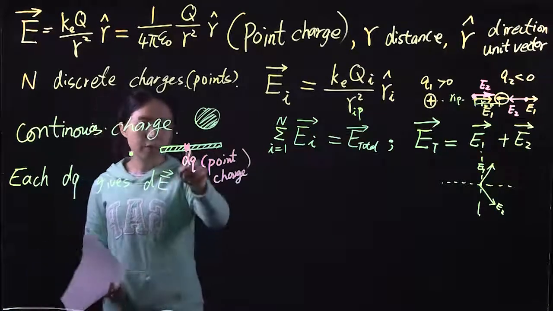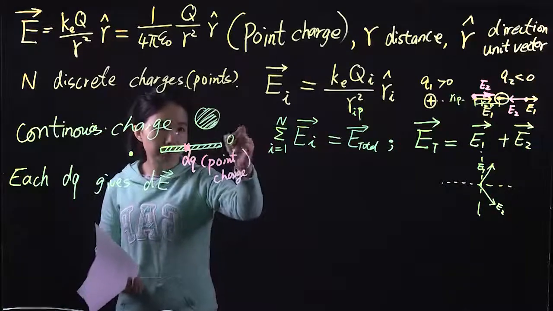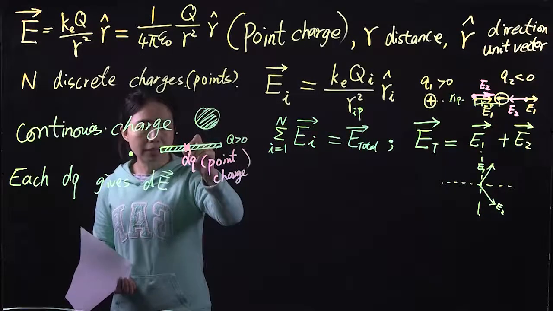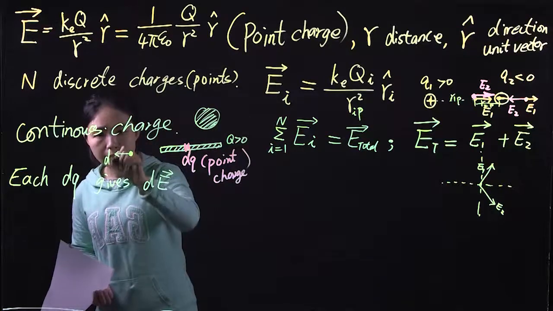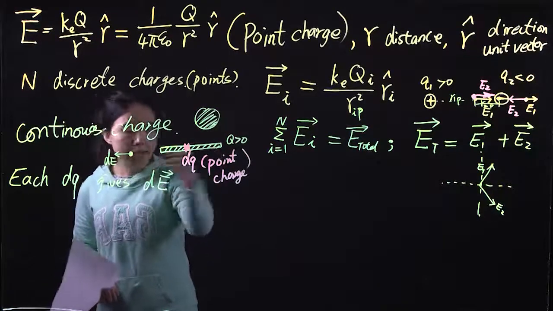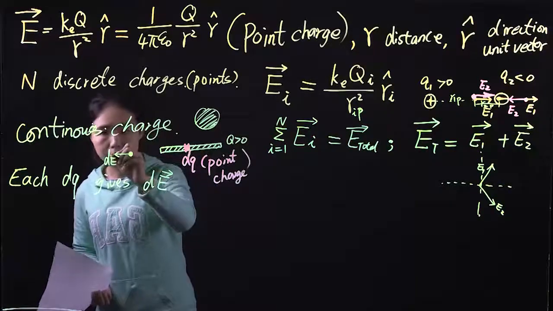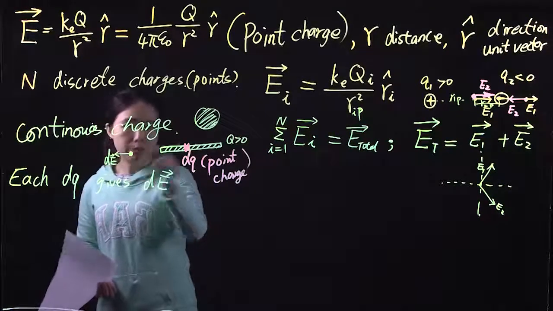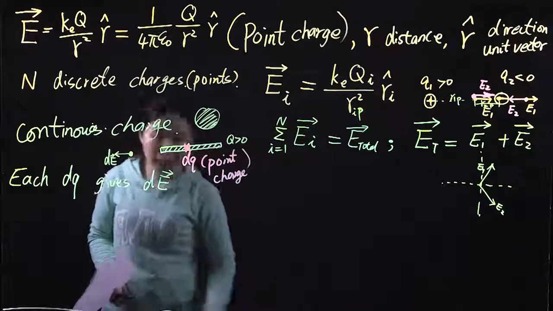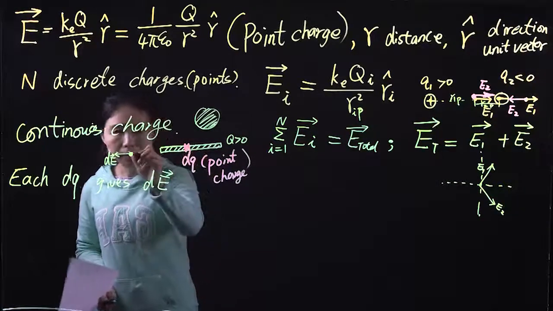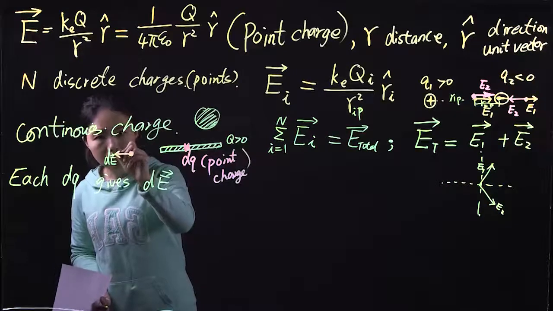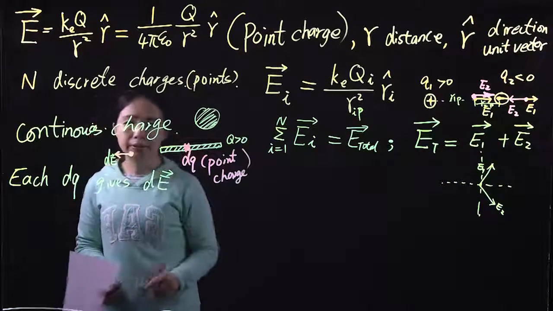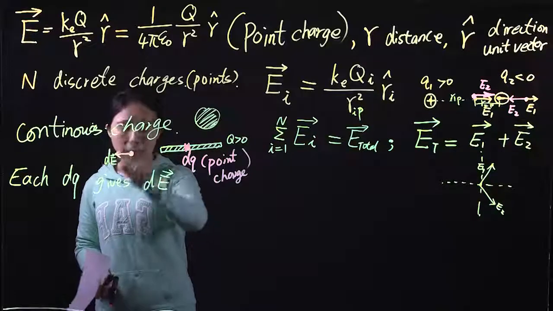For example, if the charges are positive, this small amount of dq is going to provide a small E field pointing away from the charge at this location. That's the contribution from this. To be consistent, I'm going to use the pink color to represent the small dE created by that. This is from one piece.